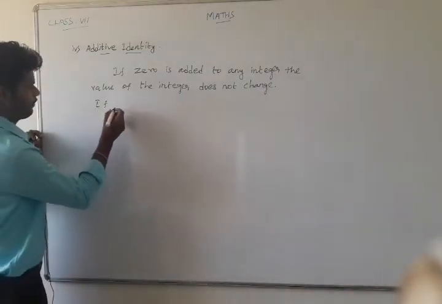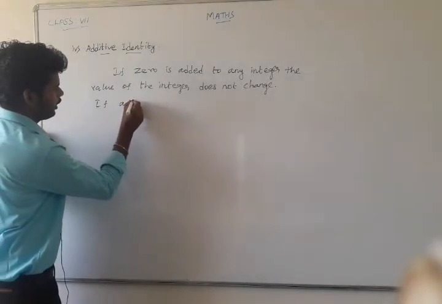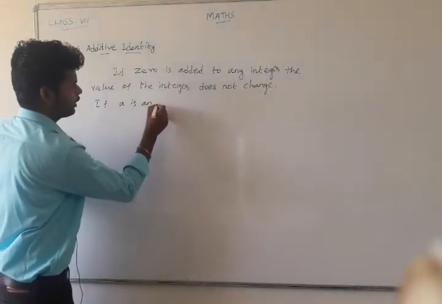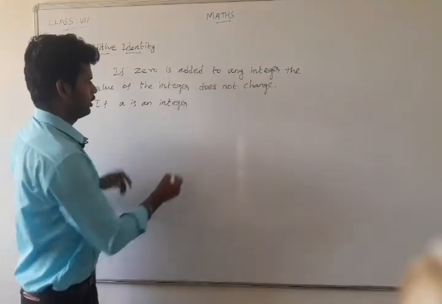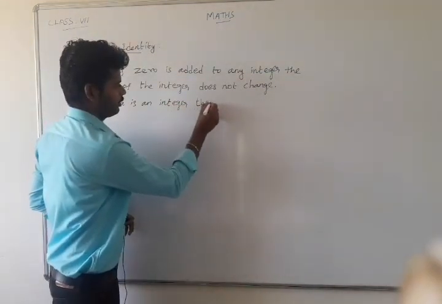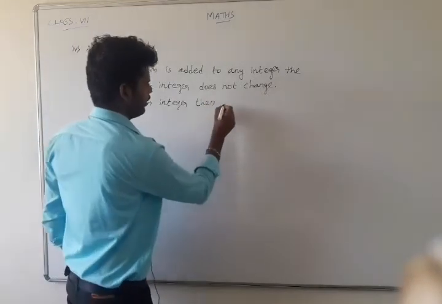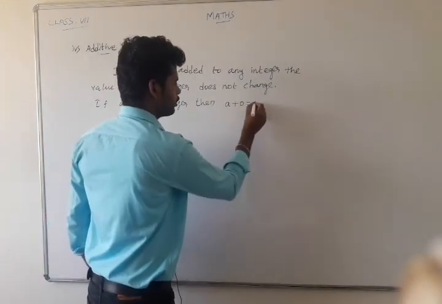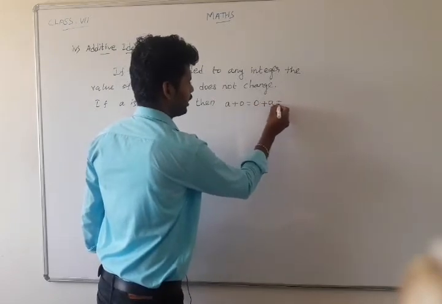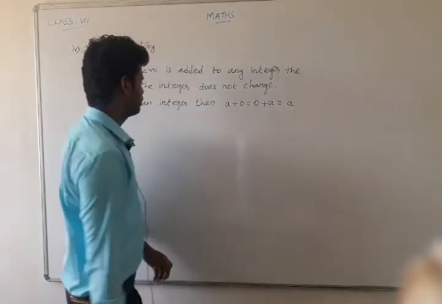If a is an integer, then a plus 0 equal to 0 plus a equal to a.